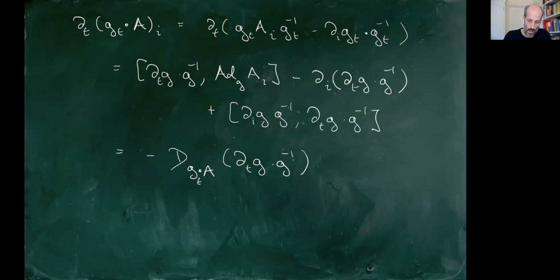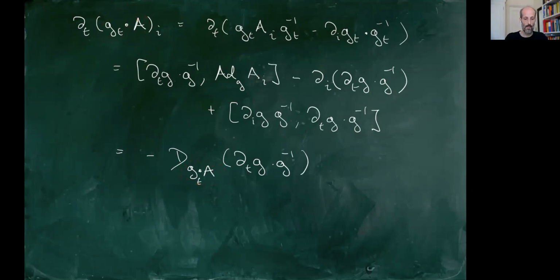Now this was arbitrary, since g here is an arbitrary function with values in the gauge group, and this is precisely this.